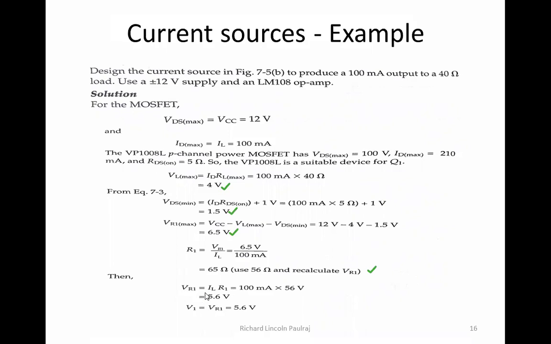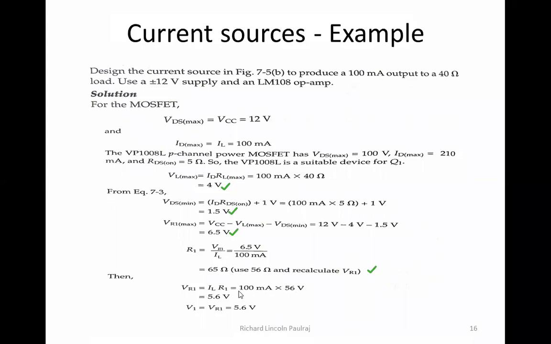VR1, which is voltage across resistance R1, is IL into R1. So IL, I have it here as 100 milli into R1. I'm going to use the design value. I'm not going to use 65 here. What I've calculated, these are theoretical values. Practically, I'm going to use a 56 ohm resistor. So I'm going to use 56 here instead.